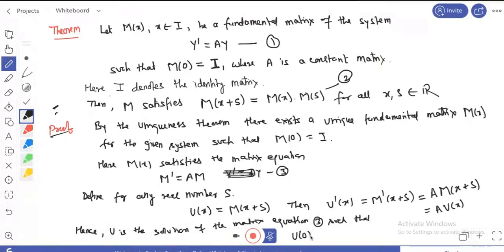If we put x equals 0, this equals M of 0 plus s, and this is simply M(s). So this is equation number, suppose, 4. Okay, in the next page.